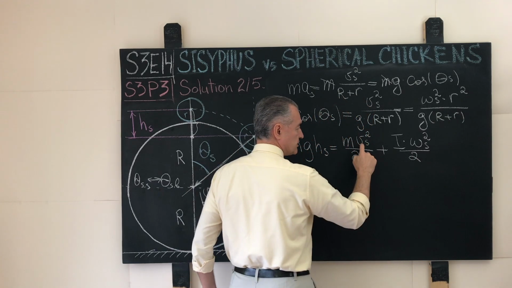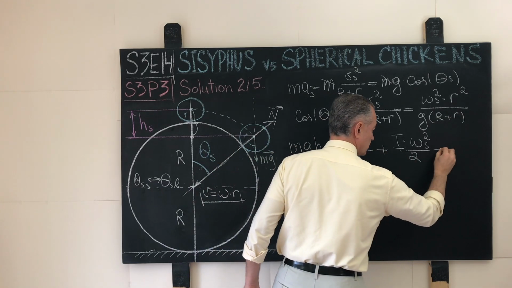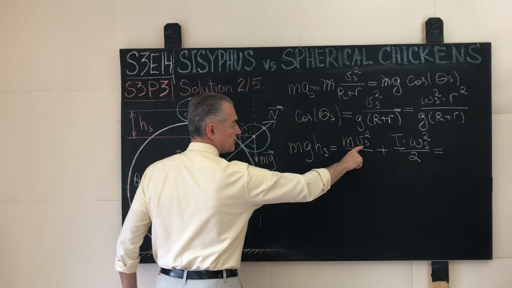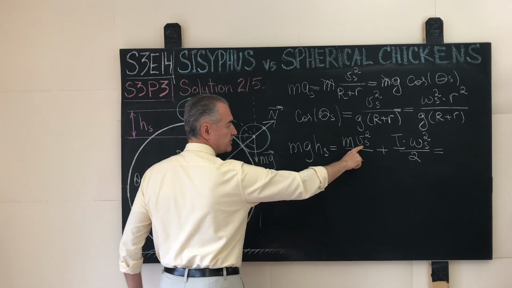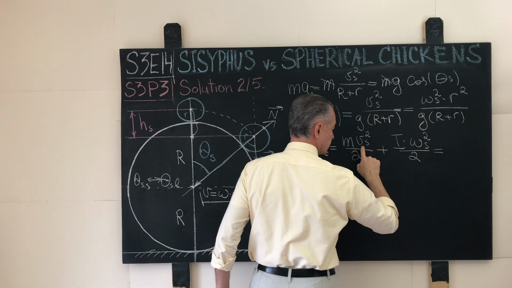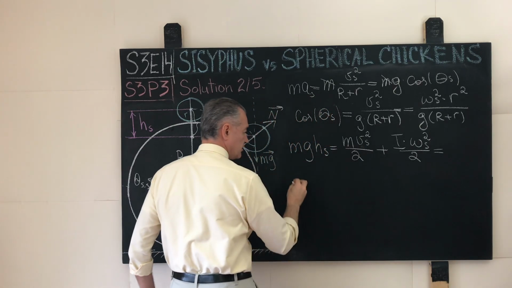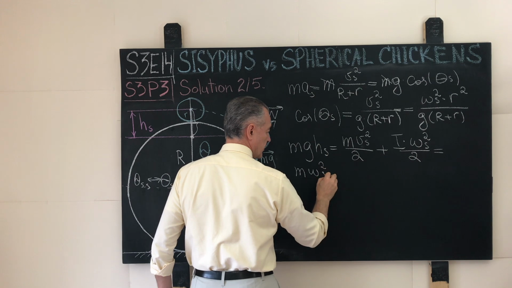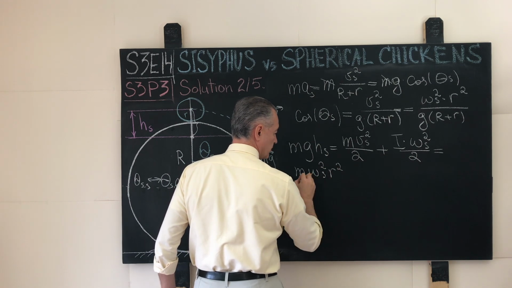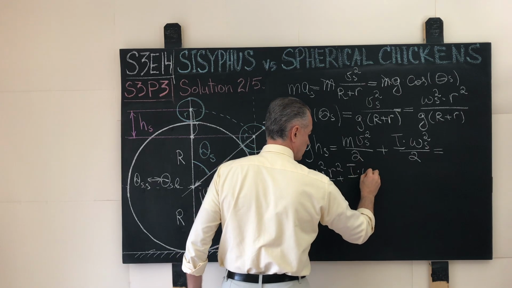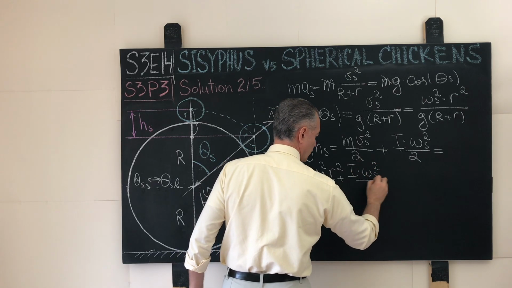So now we can take the expression for, remember, the linear velocity v s, which is equal to omega s times r. We put this expression over here, and what do we obtain? We have m omega squared s r squared over 2 plus the moment of inertia times omega squared s over 2.